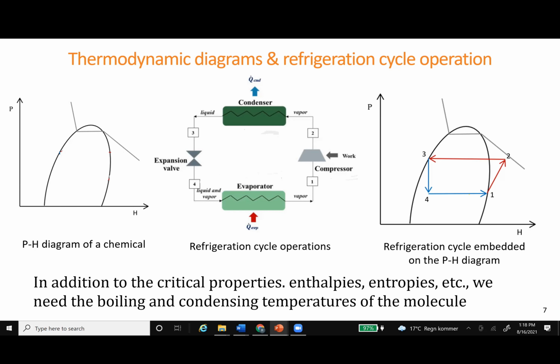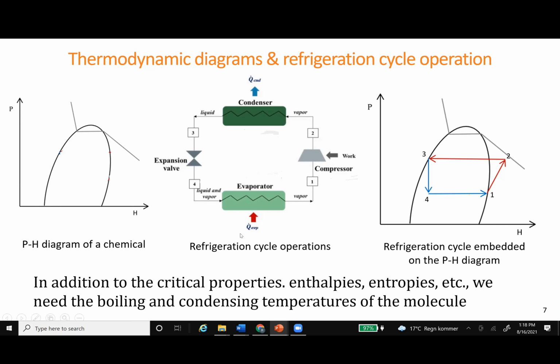So what we can see is that, for studying the cycle operation points, in addition to the critical properties, we need enthalpies, entropies, etc. We also need the boiling points at the condenser and at the evaporator. And we will see that they have a certain role as well.